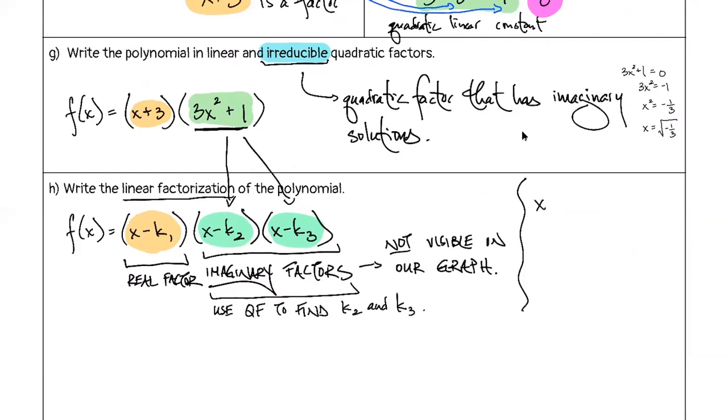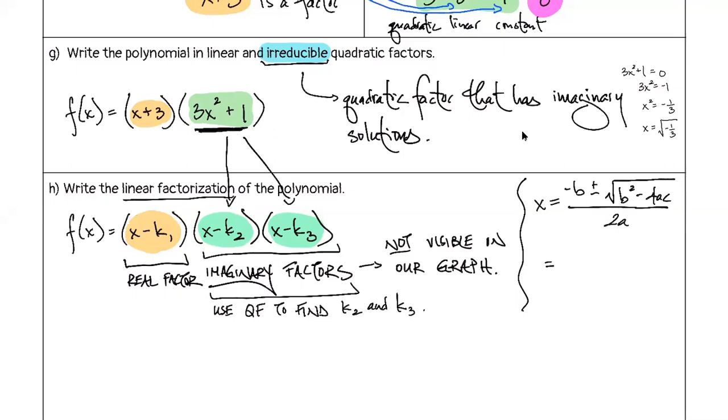So x equals -b plus or minus the square root of b squared minus 4ac over 2a. And we're going to get our a, b, and c values from this irreducible quadratic factor.